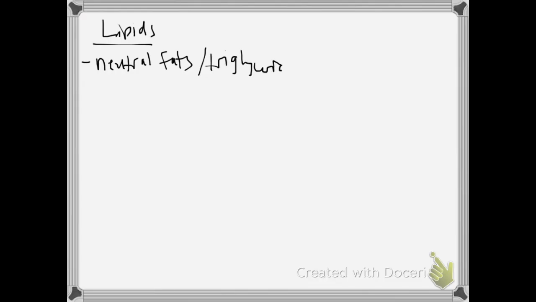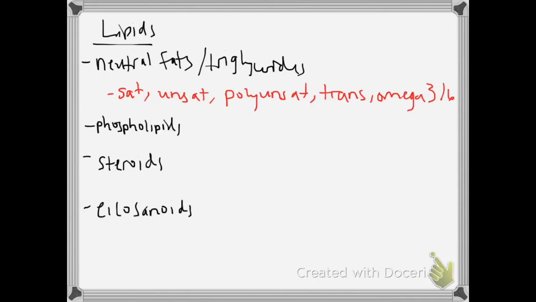So we're still in lipids, and now we're doing neutral fats or triglycerides. Let me write up what else we'll do, and then we'll go through all of them one by one. The different classes we'll go through are neutral fats or triglycerides, then phospholipids, then steroids, then eicosanoids.